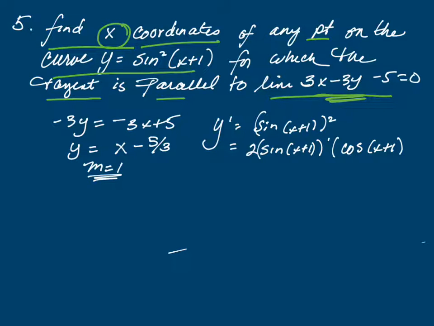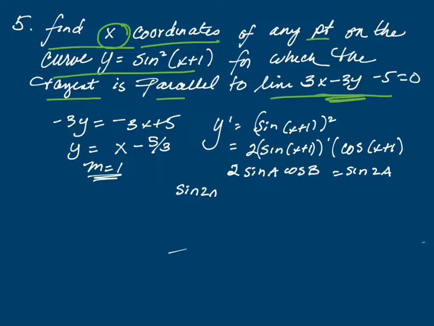All right, so let's see, what does that give us? This looks like an identity. We have 2 sine A cosine B. Isn't that the same thing as sine of 2A?